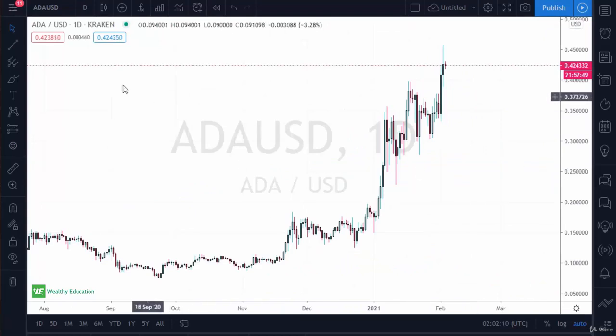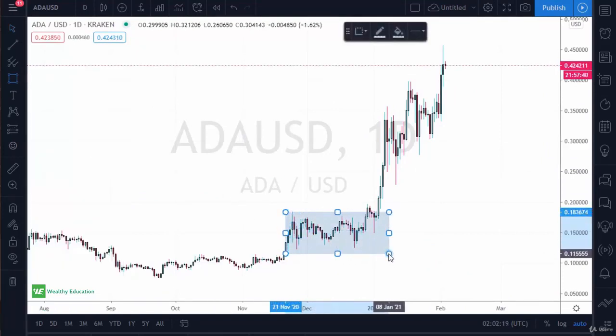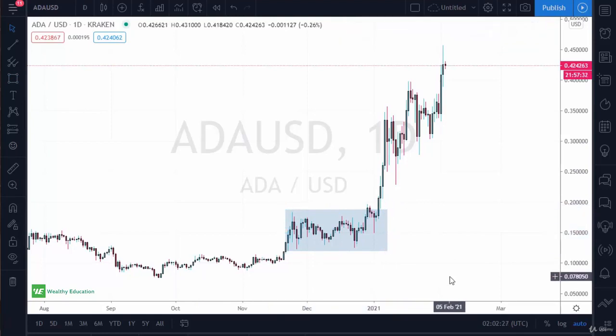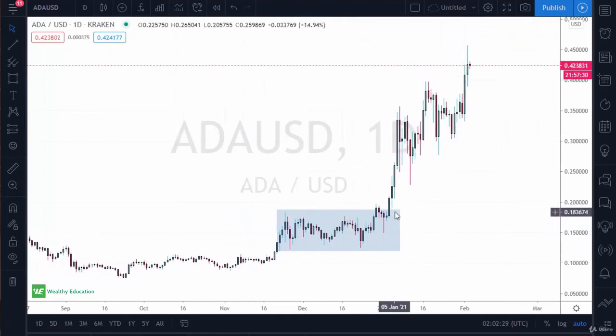So Cardano did an almost identical thing on this daily chart. You can see it was right here. And this is why a lot of traders will actually wait for a close outside of this, a strong close for that matter.